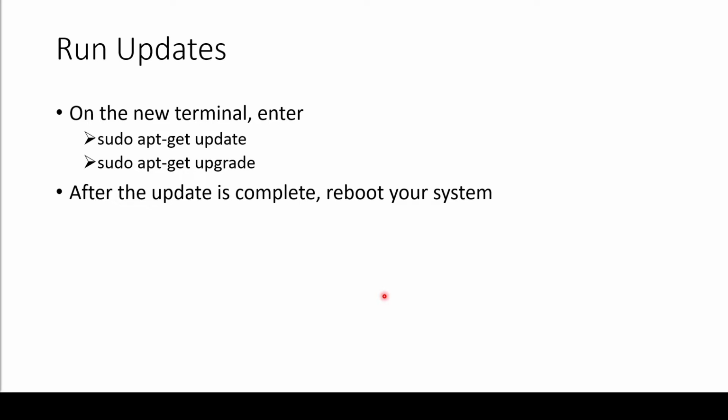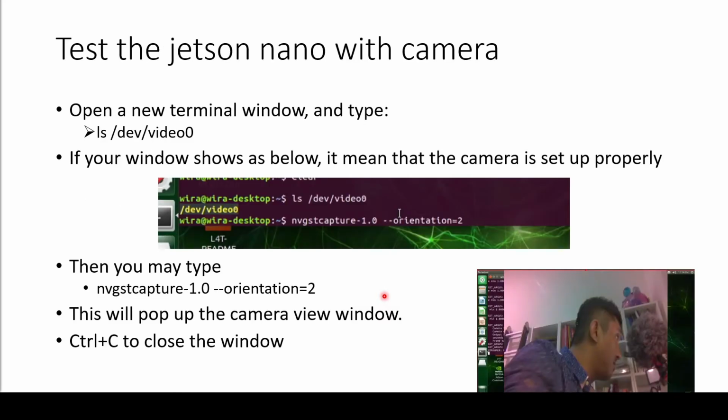Upgrade means they are changing from one version to a bigger version, but update is more like the small update that happens in the same version of the package. After the update completes, of course reboot the system again to ensure that everything that you update and upgrade will take effect.